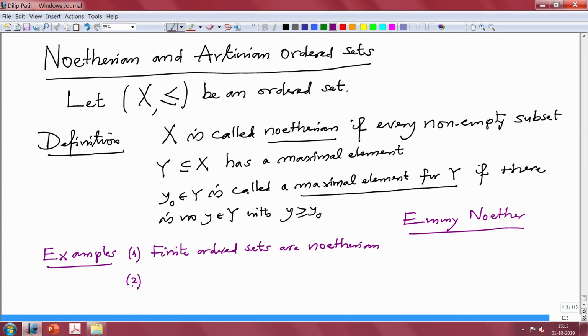Okay, so 2. This is actually a remark, not an example. Every non-empty Noetherian ordered set is inductively ordered.